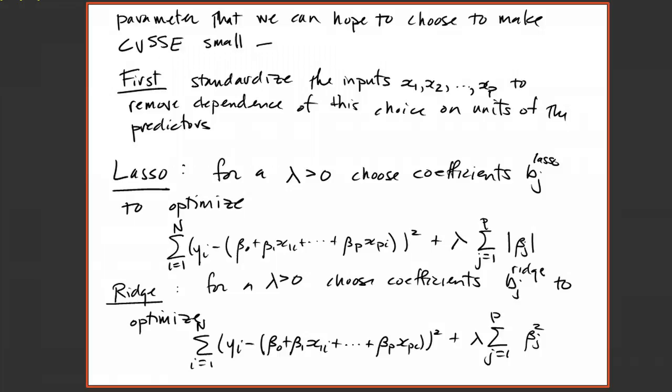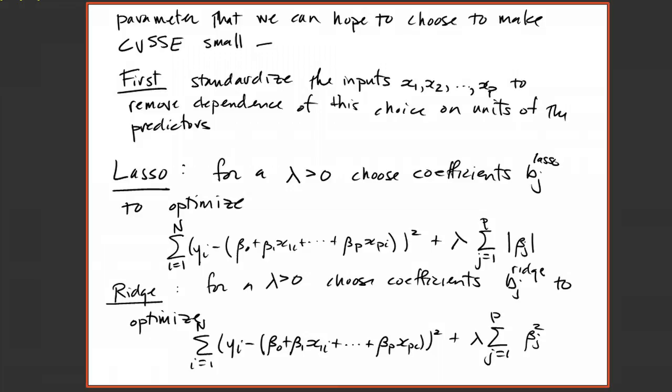So instead of sorting through all possible submodels, what we hope to be able to do is to just pick the value of a real parameter that we're going to call lambda and pick that in a way that will make the cross-validation error sum of squares a good one.